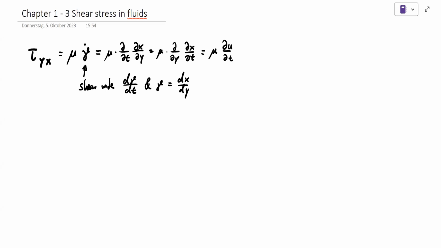So the stuff here, of course, is nothing else but du/dy. Okay, so that seems to make sense. That is just the definition for a Newtonian fluid.